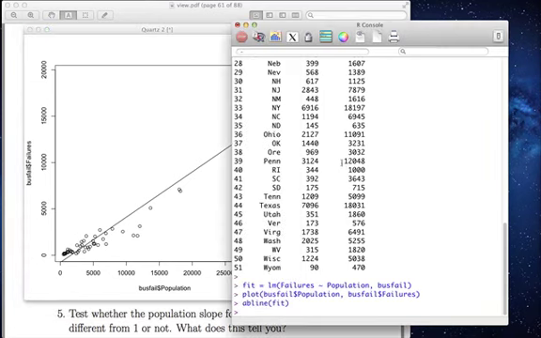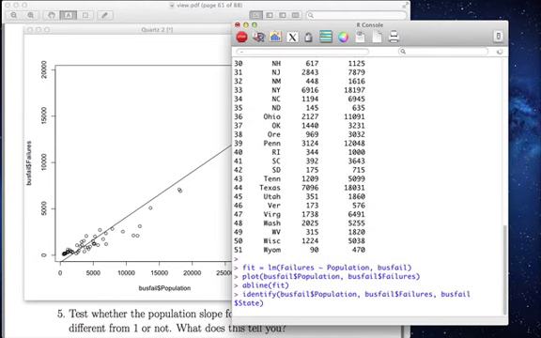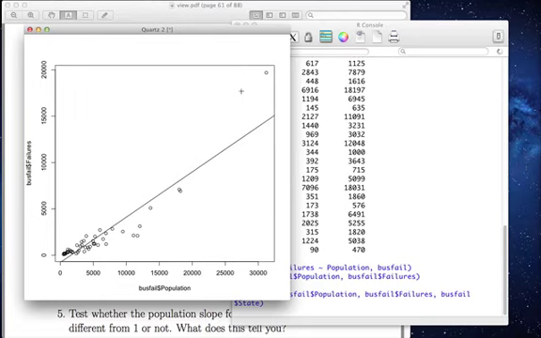If we wanted to find out what that value is, I'm going to re-edit this command. There's a command called identify. So identify, and we can put in bizfail$population, bizfail$failures, and I think it's state. Now I can go over to this plot, and we have a little plus sign.